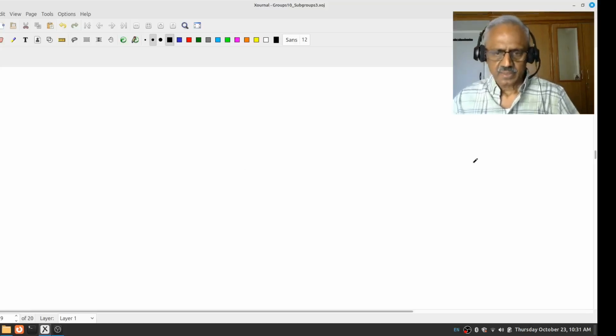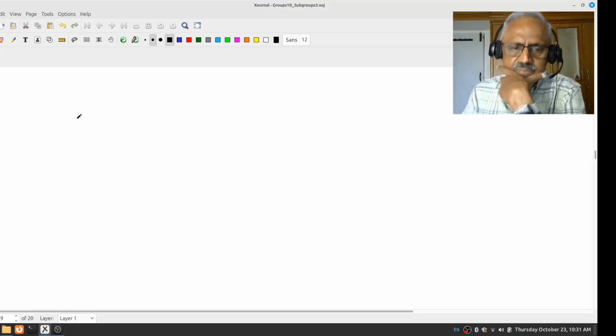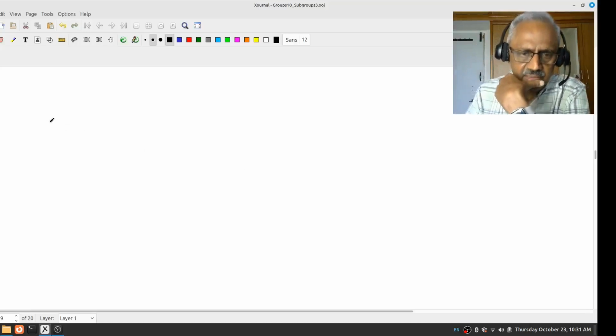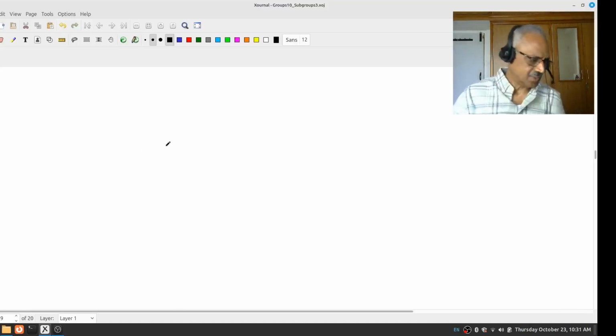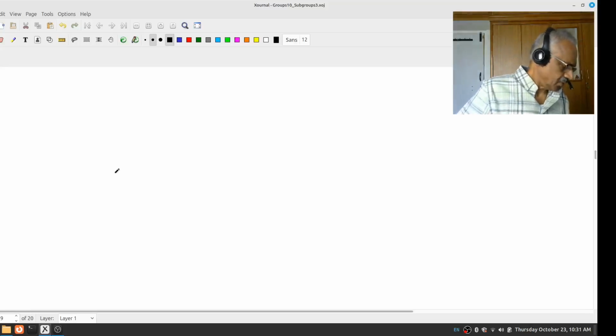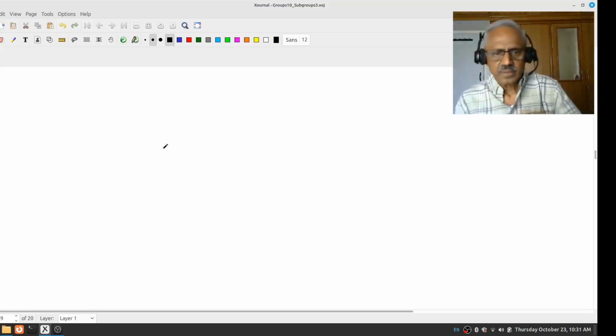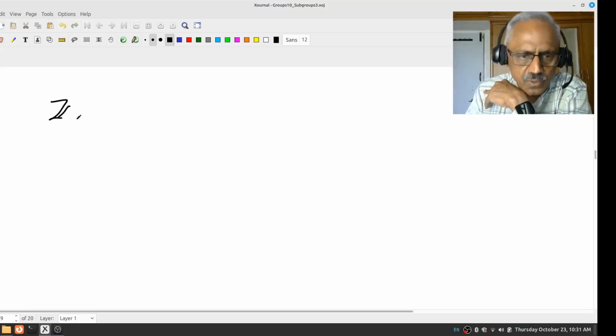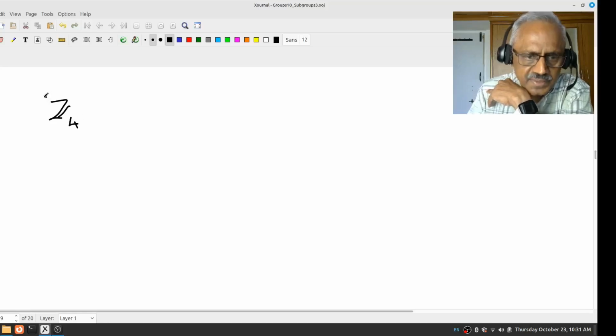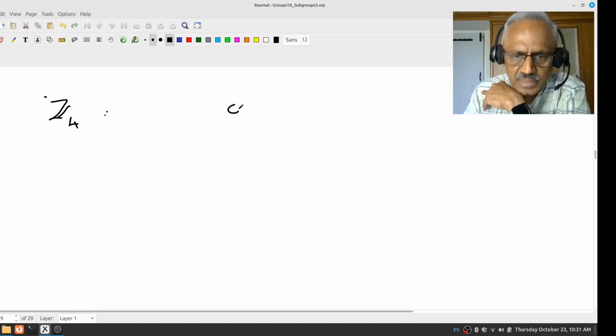Let us look at some examples. To have examples, I just want to step it up. Let us look at Z4 under addition. What are the elements?